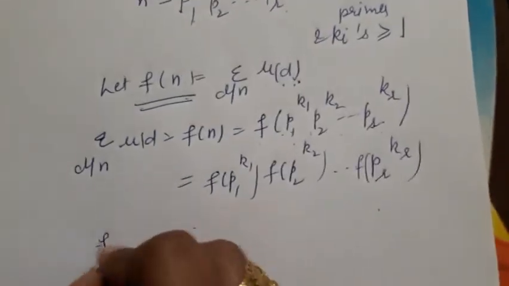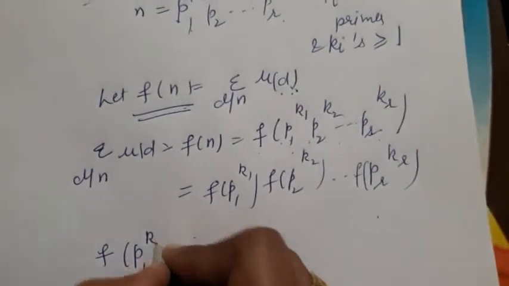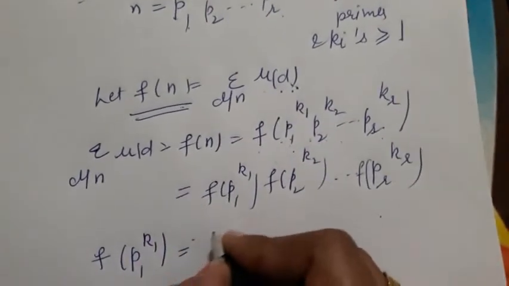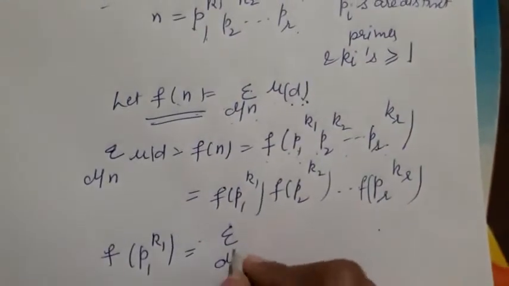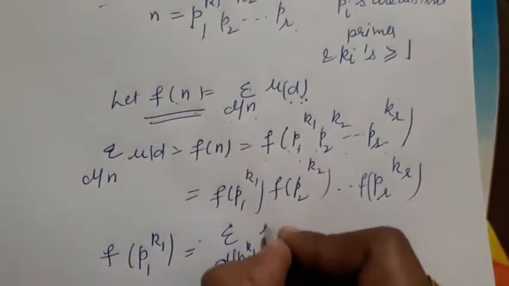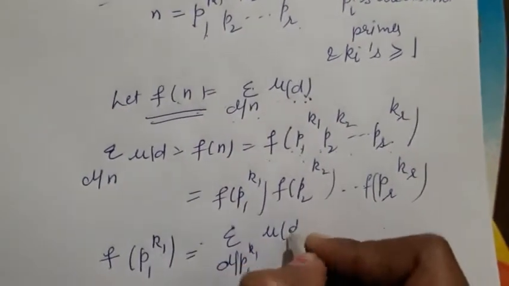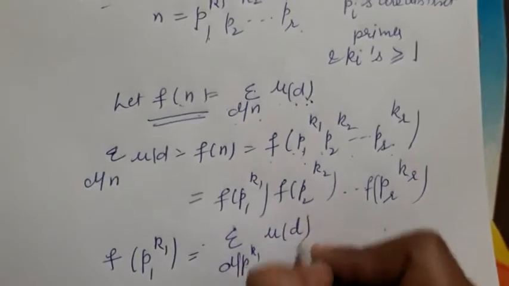So the value of f of p1^k1, by the definition of f, is summation over d dividing p1^k1 of mu(d).